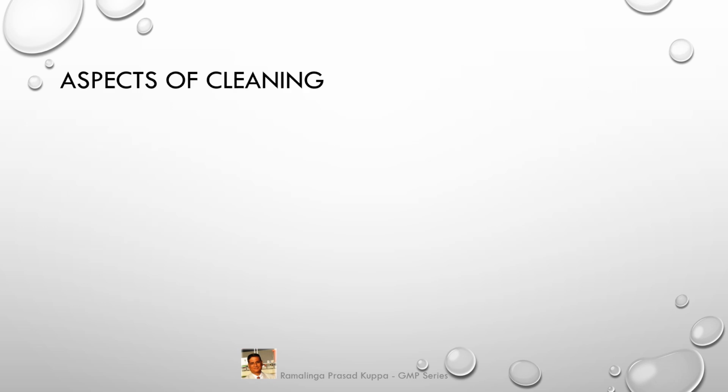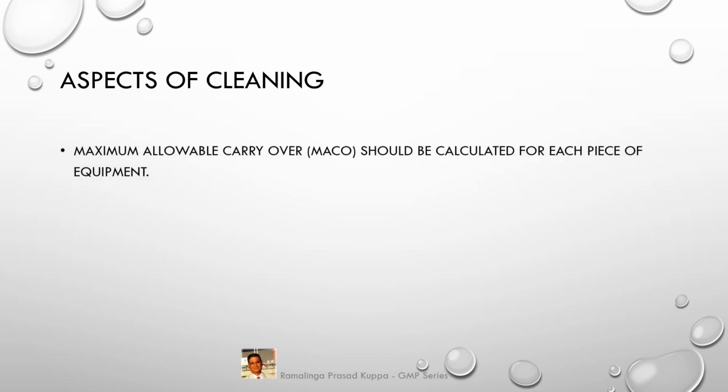Let us see the aspects of cleaning now. Maximum allowable carryover, that is MACO, should be calculated for each piece of equipment. As the first step, this should be done.